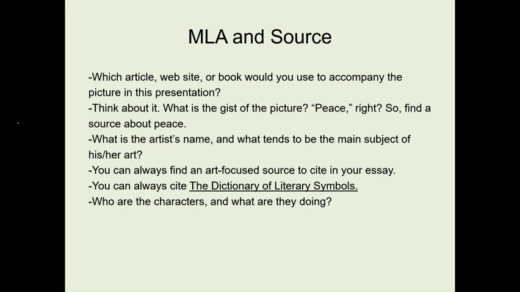You can use whatever you find there and strategically put it in your essay. You can always find an art focused source to cite in your essay. You're describing art, so you can always find a source that focuses on art. You can always cite the Dictionary of Literary Symbols.